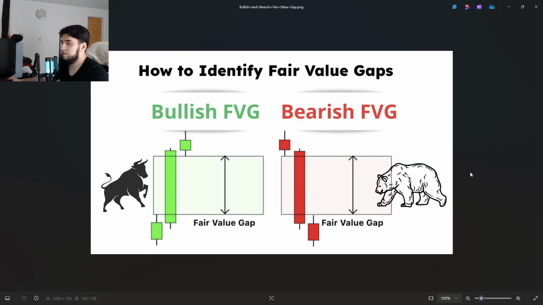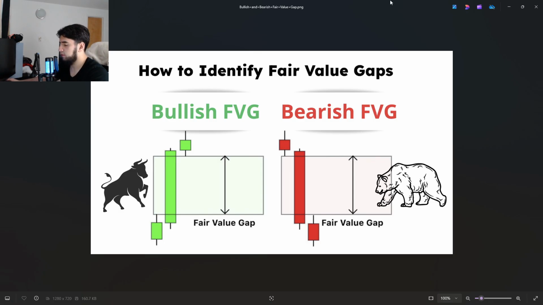Now, if you're using ICT, this is also used as a SIBI, which is sell side imbalance, and this is known as a BISI, which is buy side imbalance. Again, these are just different names that all pretty much mean the same thing. ICT concepts always try to sound extra smart with extra terminology, but just call them a fair value gap or inefficiency, whatever you're comfortable with. That's pretty much what it is.